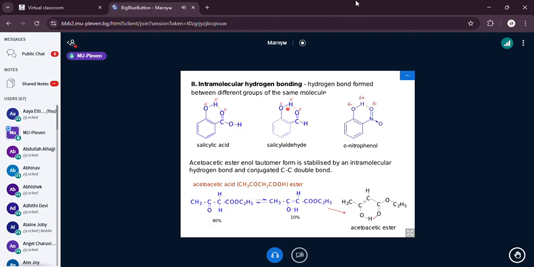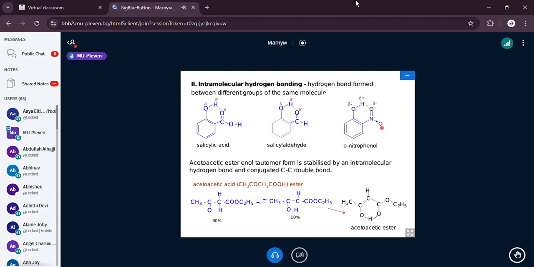In the second example, again, hydroxyl and aldehyde group are next to each other, or hydroxyl and nitro group are very close at ortho position.